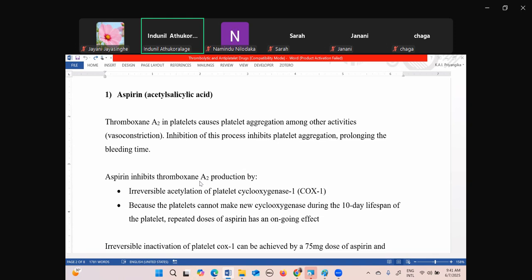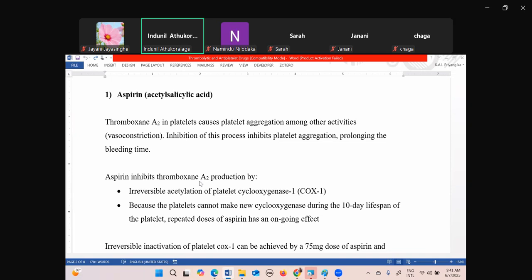So when COX enzyme is inhibited, thromboxane A2 will be inhibited. If I explain again, COX-1 enzyme is required to produce thromboxane A2.